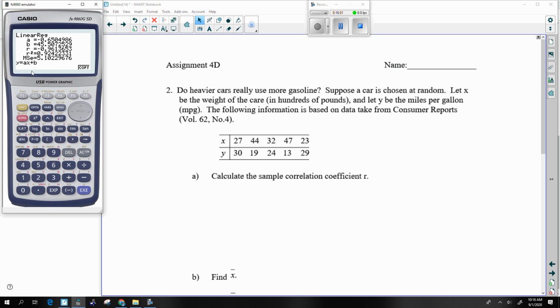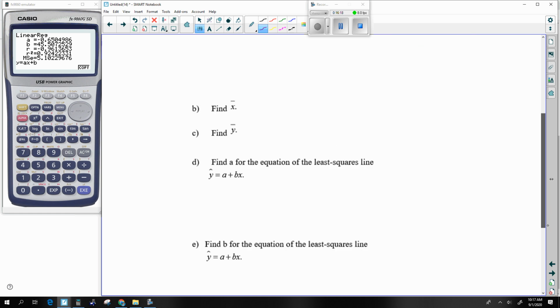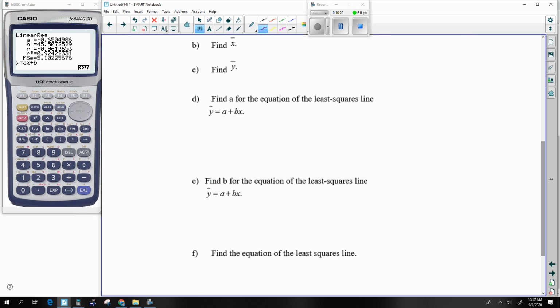But anyways, what we can see right now is R. R is going to be equal to negative 0.9614. We can get back to x bar and y bar in just a second. This one is asking for A. What is A?